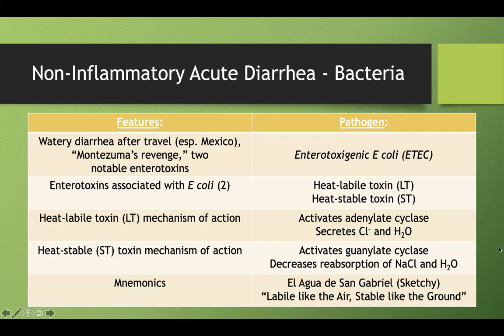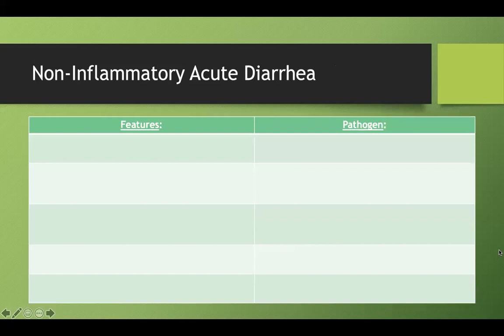My favorite mnemonic for this, I think I saw it in First Aid, I could be wrong though, is labile like the air, stable like the ground. That always helps me remember that the LT is associated with adenylate cyclase activation, whereas the stable toxin, the ST, is associated with guanylate cyclase, the G. So whatever works for you to remember this, but this is definitely tested.